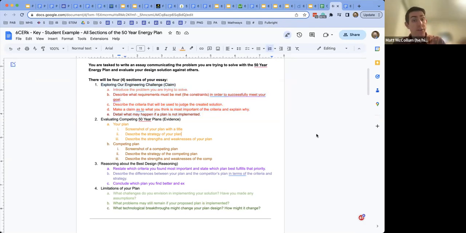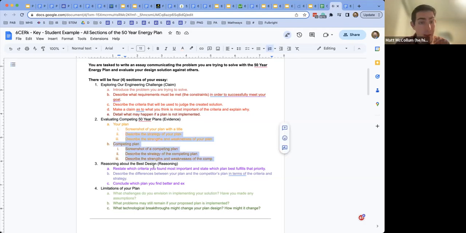Coming back towards the end of the unit, they're looking at their evidence. So their evidence of two different competing plans. There's their plan, a screenshot of it, and the mix of how their energy changed over time in a competitor's plan. And they're just describing the strengths and weaknesses of those two plans. That's section 2 there that you can see on the screen.